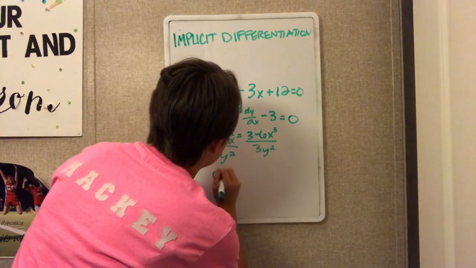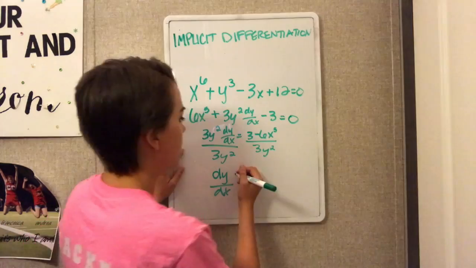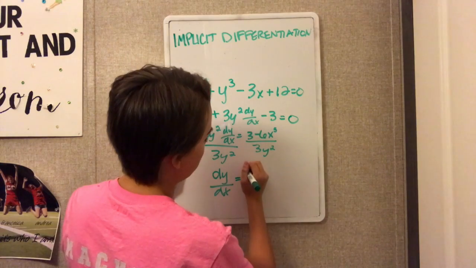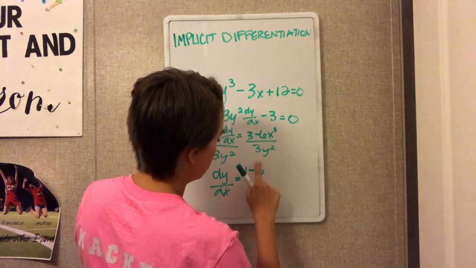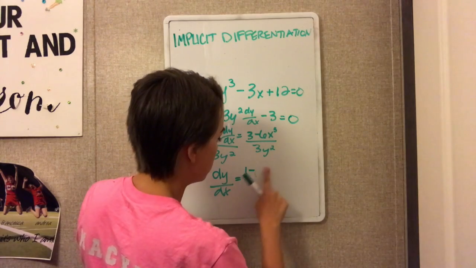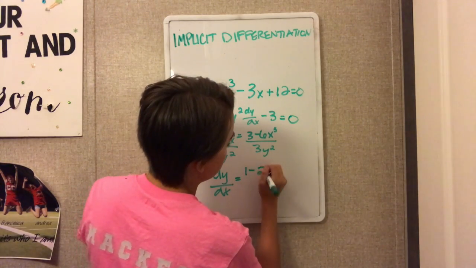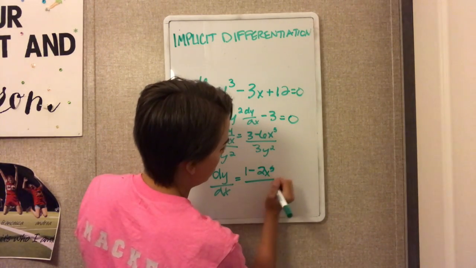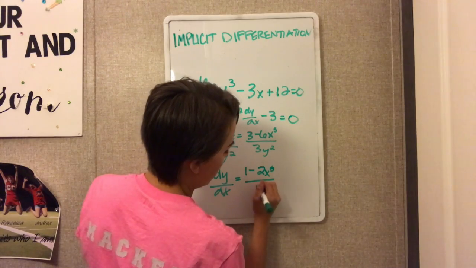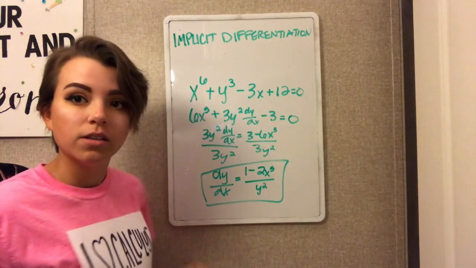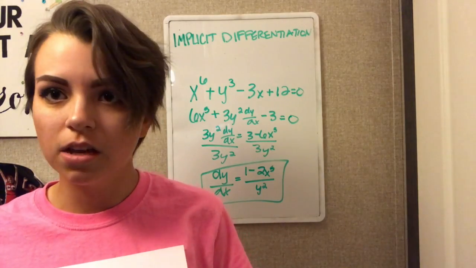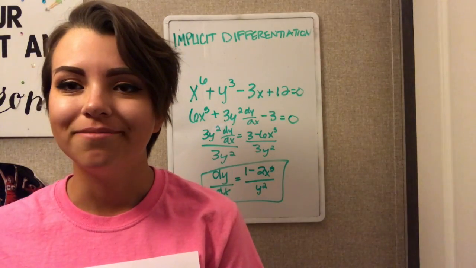So dy dx equals, take a 3 out, 1 minus 2x to the 5th over y squared. So I feel like that's not too bad.